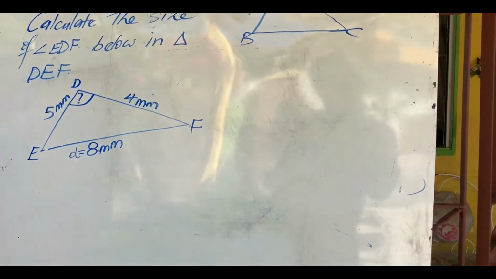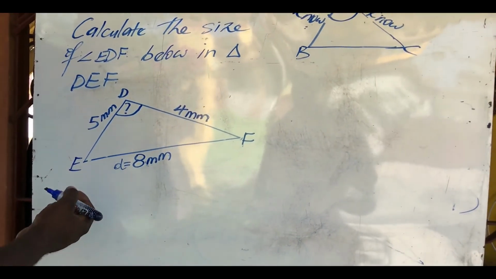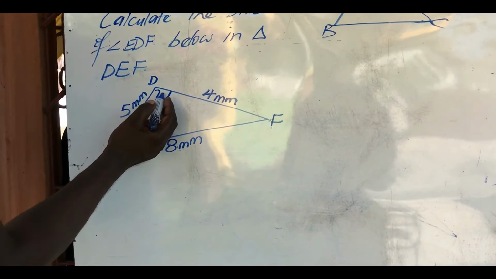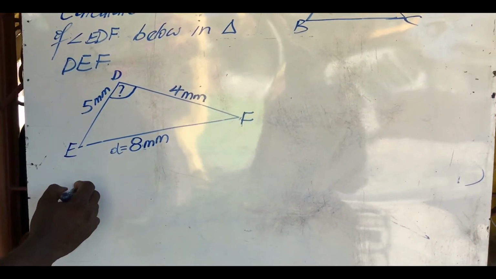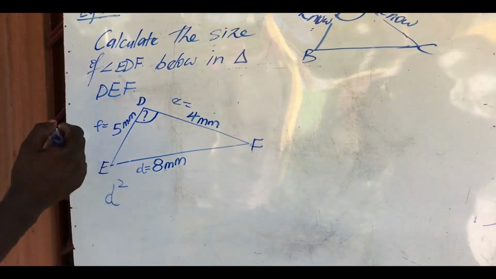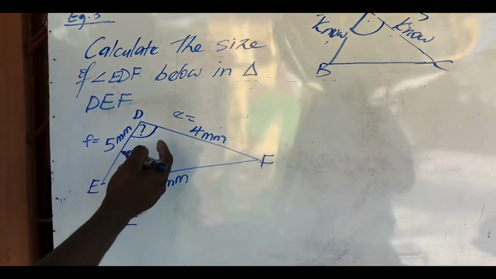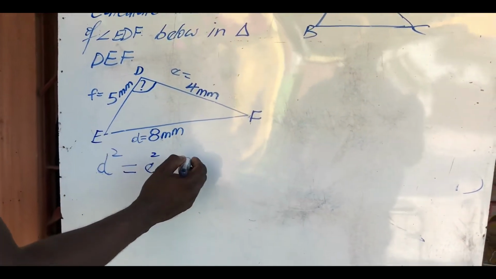And so we set out with the formula. Now, since we want to find angle D, well, usually if we are finding the side D, it would be D squared. So we set out D squared equals E squared plus F squared.